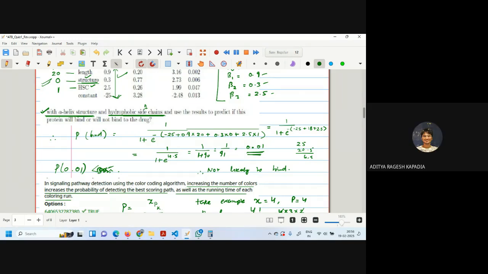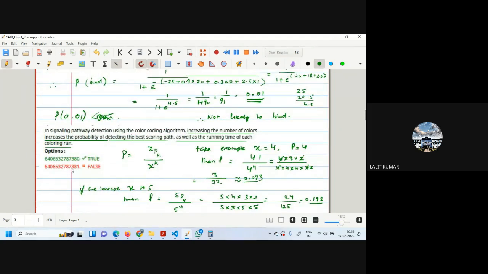Yeah. Okay, thank you. Next question: in signaling pathway detection using the color coding algorithm, increasing the number of colors increases the probability of detecting the best scoring path as well as the running time of each coloring run. This is straight from theory which the professor had covered. However, just to demonstrate that the probability increases, you can take an example. Take x equal to 4 and k equal to 4, then the probability comes around 0.093.